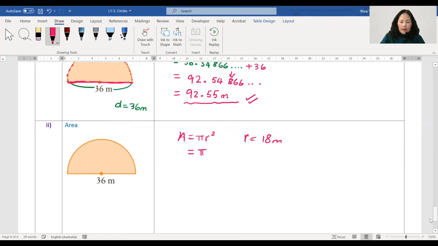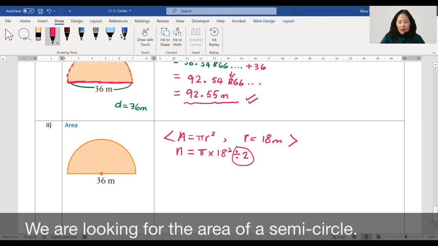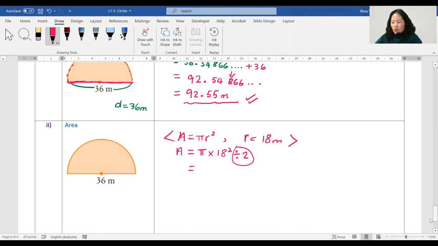So pi times 18 squared, but we have to divide by 2 because it's only a semicircle. This is information we had, but make sure you halve it.